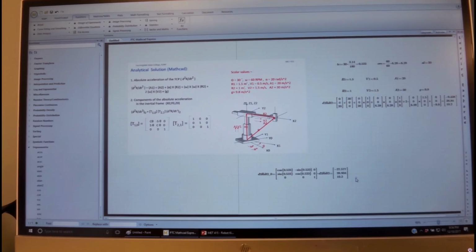So just to see what it was like when we were doing the graphical solution, let's print screen this.